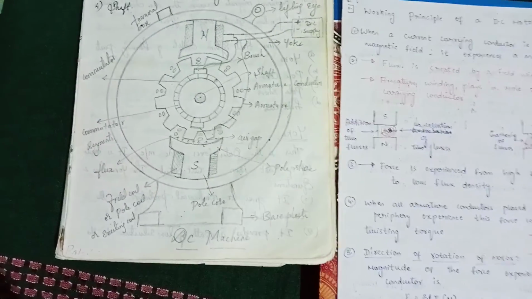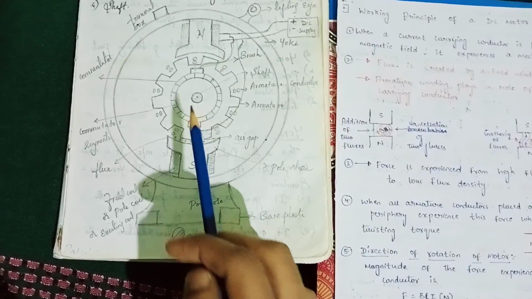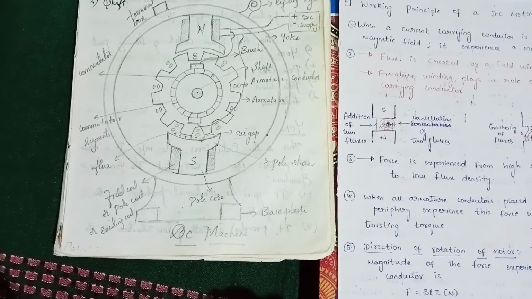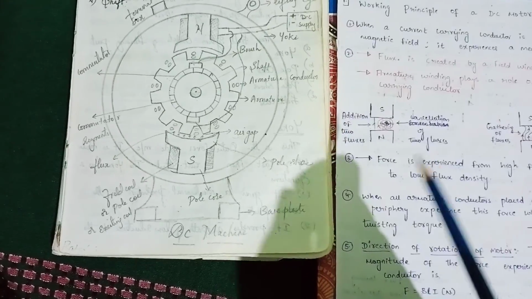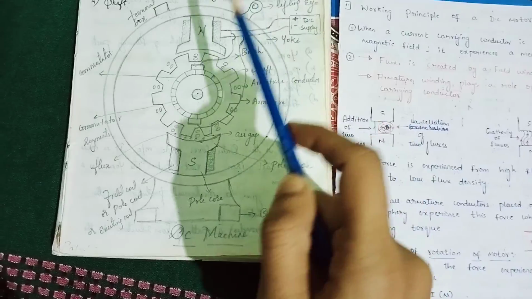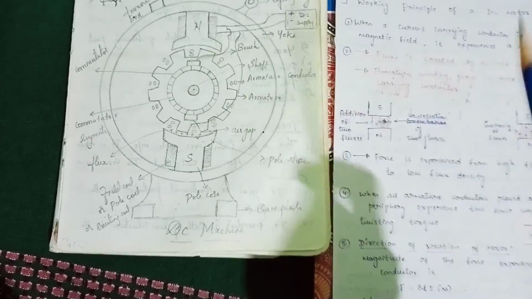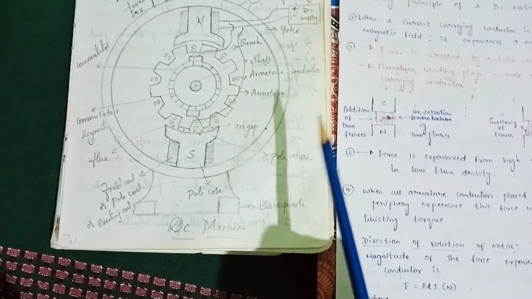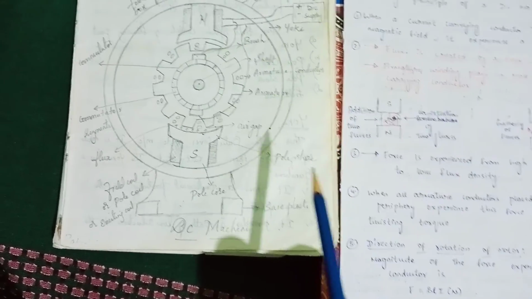But in a DC generator, what happens? We couple the shaft to the prime mover, that may be an IC engine, wind turbine, etc. But in the DC motor we supply to the armature. In the DC generator, the commutator converts the alternating current into DC current.